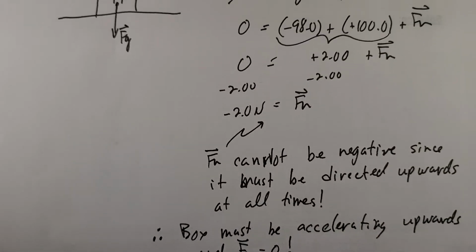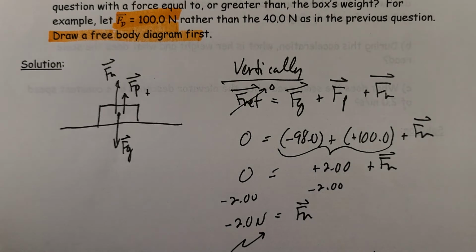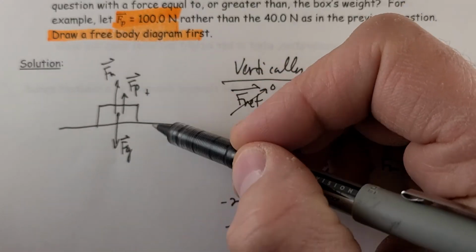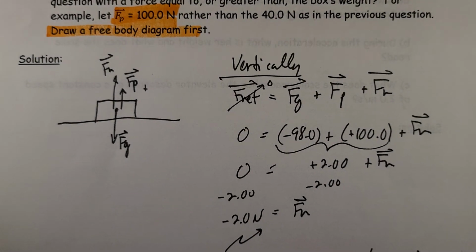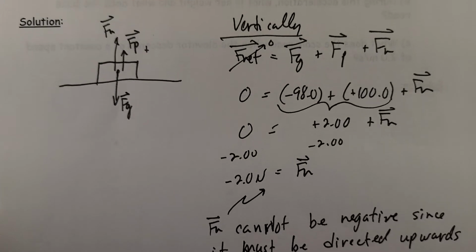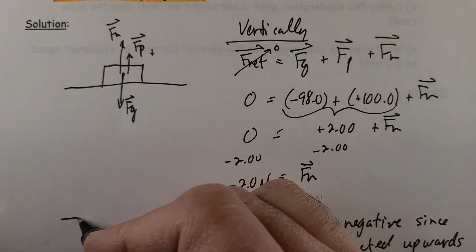I don't need a support force, because my upward force is pulling more than my gravitational force, so the table won't be pushing up on it.